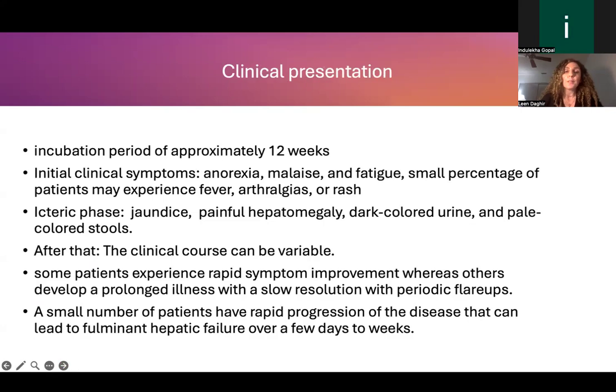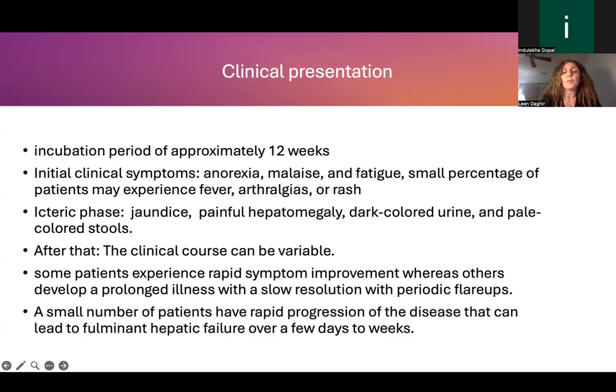So the clinical presentation: the incubation period for hepatitis B infection is about 12 weeks. Initial clinical symptoms could be anorexia, malaise, and fatigue. A small percentage may develop fever, arthralgia, or rash. Icteric phase: jaundice, painful hepatomegaly, dark colored urine, and pale colored stool. After that, the clinical symptoms might vary.